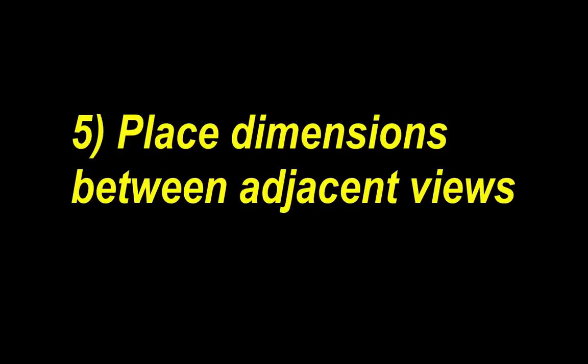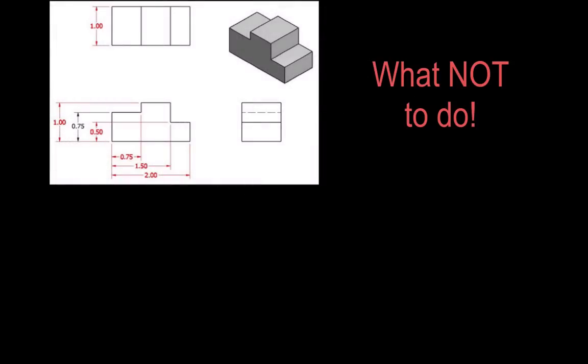Number 5, place dimensions between adjacent views. So looking at it here, what this means is I can draw my views all different directions. As you can see here, I've got some that are on the left, I've got some that are on the bottom. Again, the reason we don't want to do this is a couple of things. One, you can see all those lines crossing inside, which makes no sense. But 2, it doesn't line up anymore.